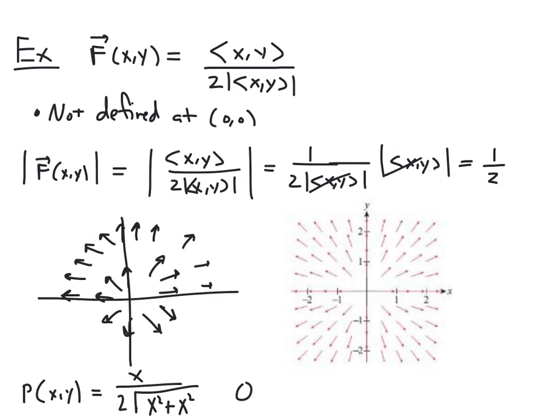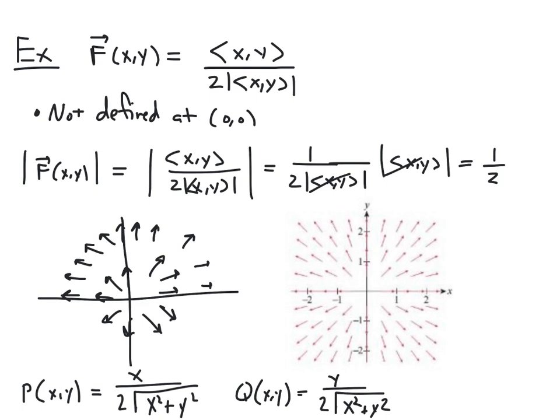And our function q of xy will be y divided by 2 square root of x squared plus y squared. Of course, the first one I wrote for p should be x squared plus y squared, not x squared plus x squared.